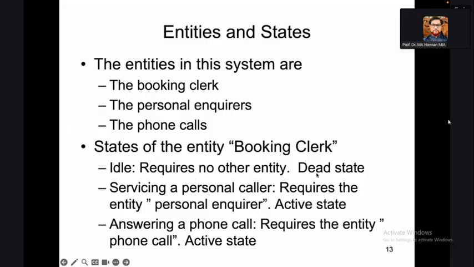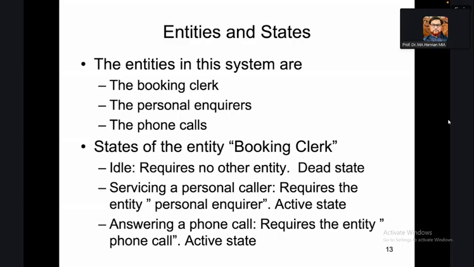What can be the dead state here, suppose? Requires no other activity, like idle or dead state. This dead state might be the booking clerk. He was somewhere. Booking clerk is not in any action. Booking clerk is just sitting down.